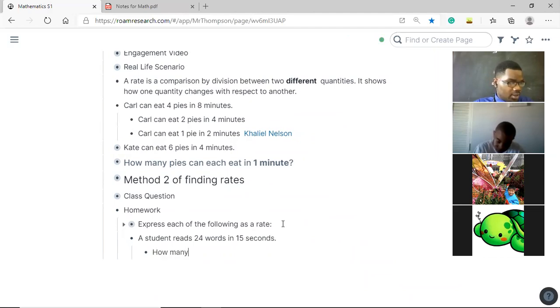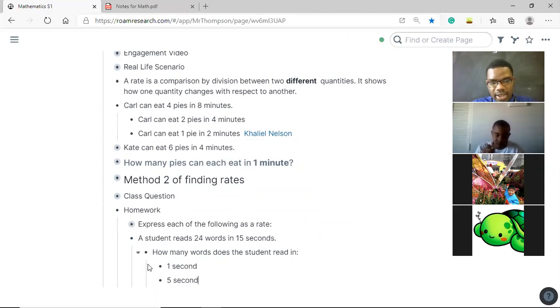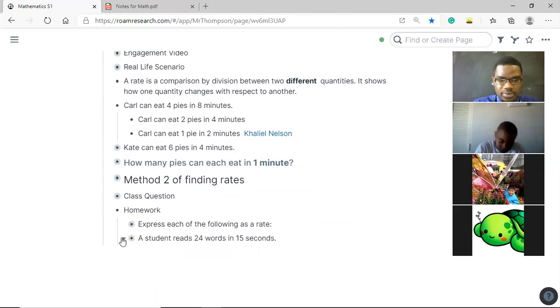How many words does the student read in 1 second? 1 second. And I want you to try this one, 5 seconds. All right, so try this question for homework.